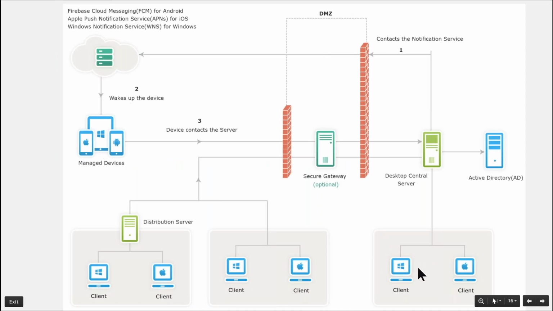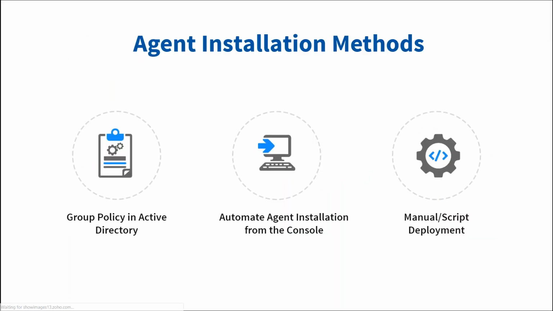Agents are shown here in blue. Agents should be installed on each and every machine to manage them. Agents can be installed in different ways. From the console, you can push the agents, or you can use GPO to push the agents through Active Directory if you're managing the machines through AD. Also, you can install the agent through manual or script-based deployment.